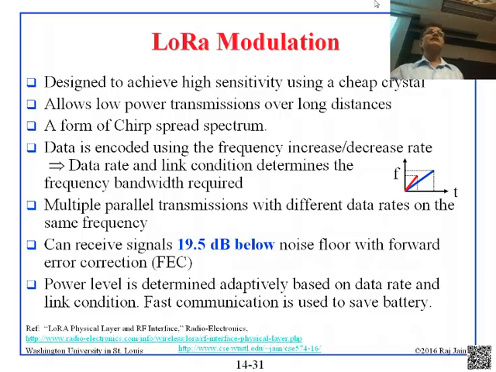LoRa modulation is the new name, which is a version of Chirp. And this is patented and proprietary. The new thing is that the rate of increase and decrease is your code.